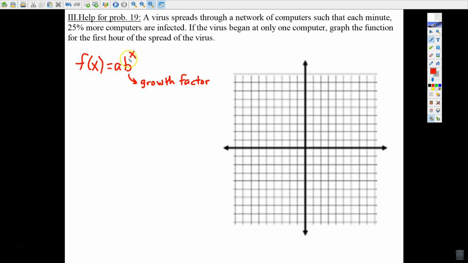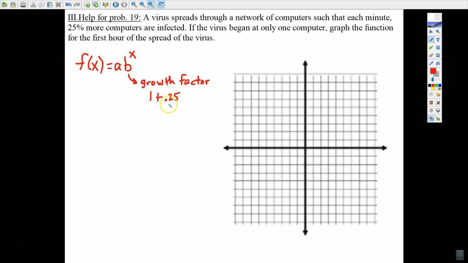If you want to know what B is, always start with 1 and then add whatever the percent is in decimal form that you're told the growth is happening at. It's happening at 25% per minute. Okay, so let's do 1 plus, and I'm just going to write down the decimal form of 25%.